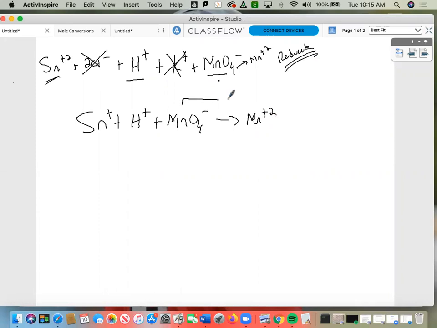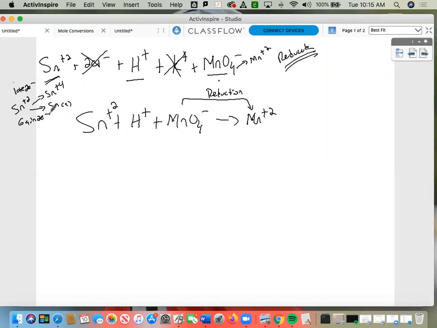Now again, this is your reduction. Tin, I wrote plus, it's plus 2. Tin has two options. You can have tin go to tin plus 4 or tin metal. Now to go to plus 4, you have to lose 2 electrons, oxidized. To go to 0, you have to gain 2 electrons, reduced.